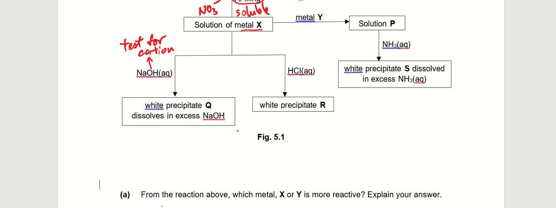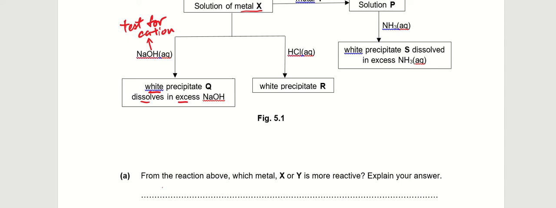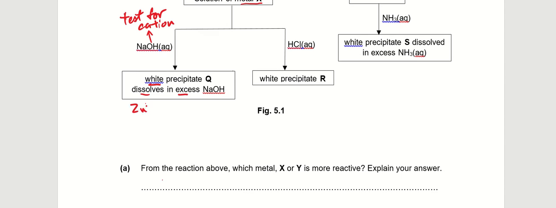A white precipitate dissolving in excess aqueous sodium hydroxide indicates the presence of either zinc 2 plus ions, lead Pb2 plus ions, or aluminium 3 plus ions, because all these three ions will give a white precipitate that dissolves in excess aqueous sodium hydroxide.